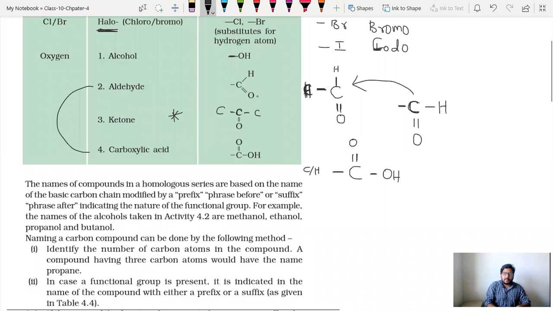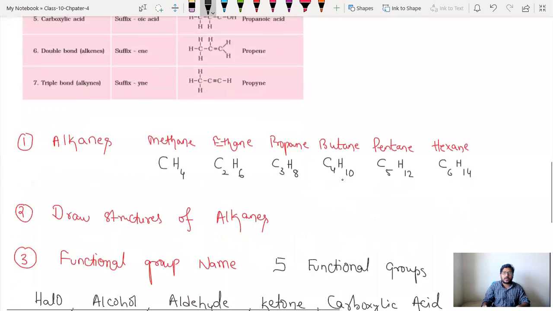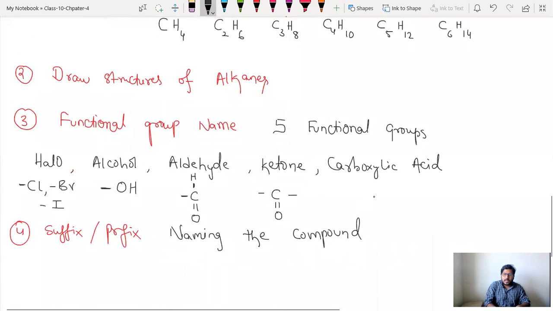Aldehyde is double bond O, single bond H. But carboxylic acid is double bond O, single bond OH. The placement is your wish, it should just satisfy valency. So for carboxylic acid, the carbon may combine with a chain here, double bond O, single bond OH. We'll try to draw everything.